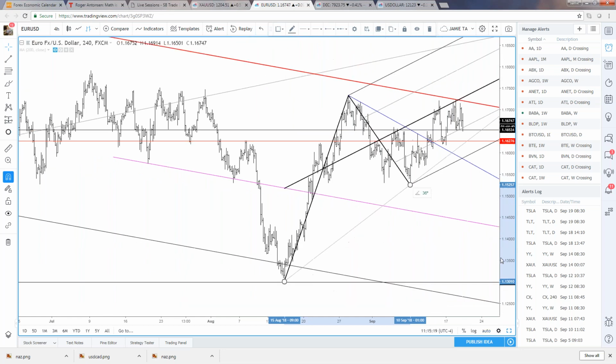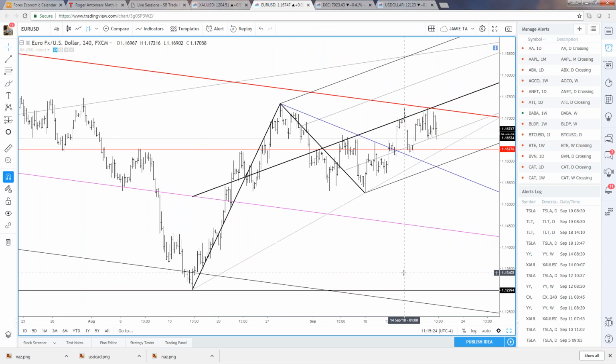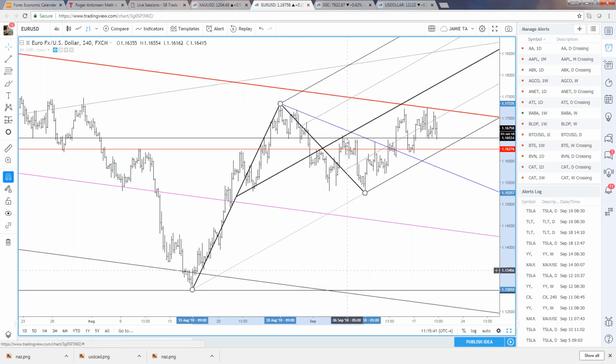So when you're trying to identify slope, you're trying to identify the angle at which the market is trading, okay? The angle at which the market is trading. So before, when we have a regular trend line and you draw your regular channel, this is what you've got.